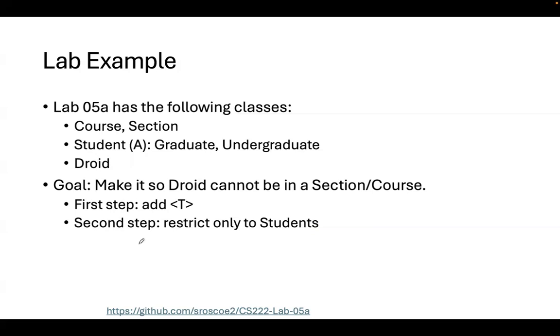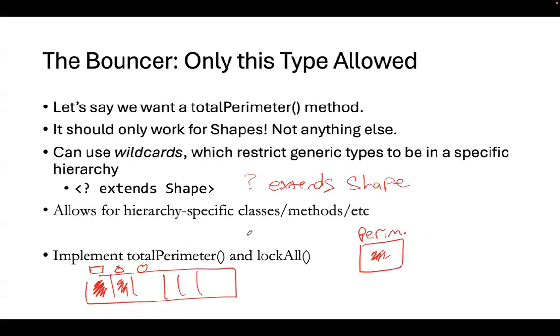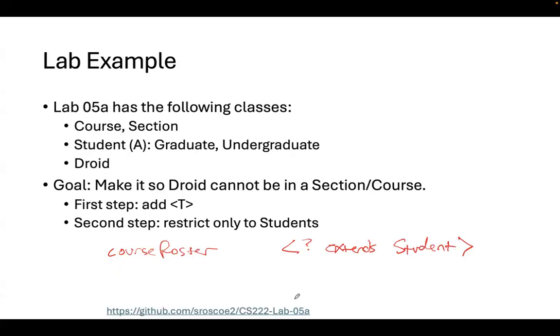And so then I have to say for my course roster, it is some type where I only allow students in. So something extends student. Okay, so that's pretty much all I want to say for this.